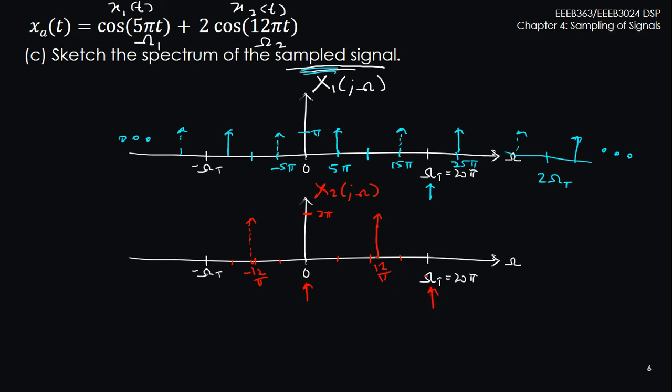So where is it going to be? It's going to be 20 plus 12, so somewhere here at 32π you will see a solid pulse. And then 20 minus 12, which is 8π, somewhere here at 8π, you can start to see that this is a problem.